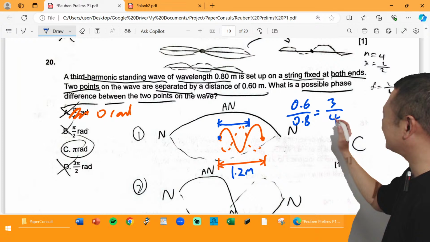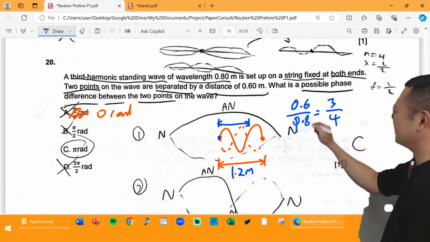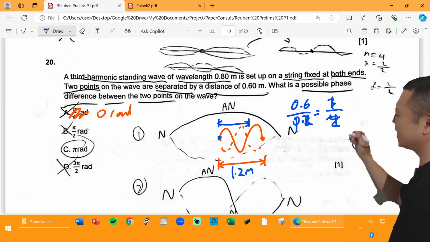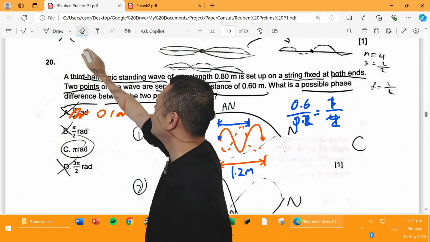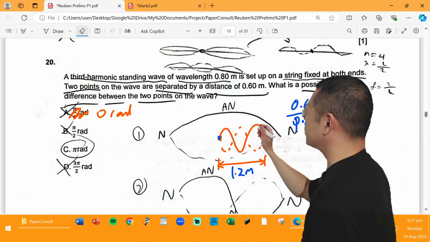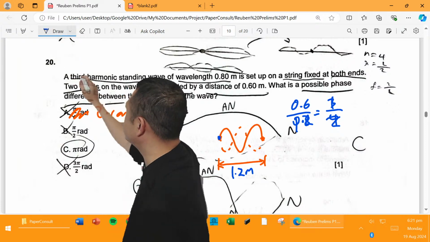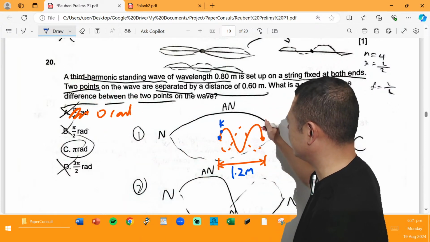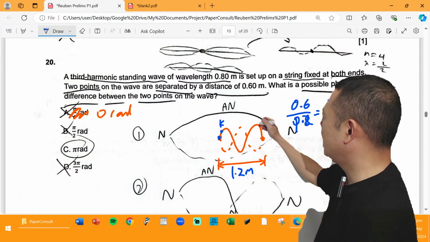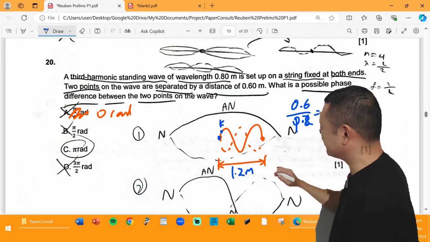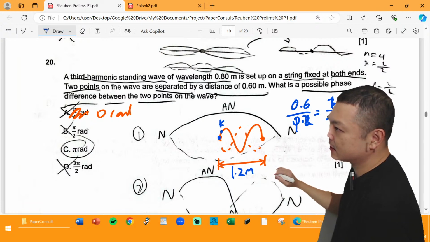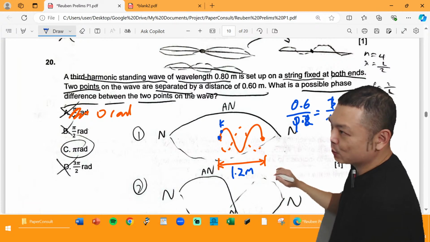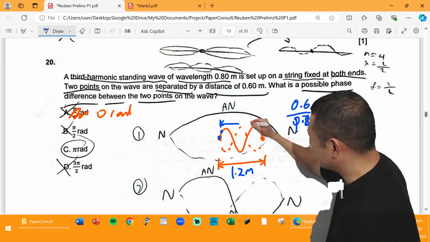So 0.6 is actually half of the entire wave. You won't compare nodes to nodes, because nodes have no phase. So let's say you take it just slightly out of the node here. Half of this whole thing will be less than 2/3 of it.